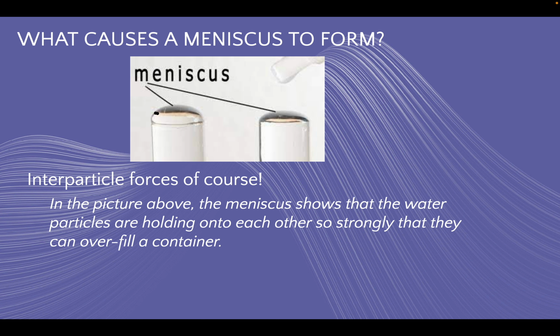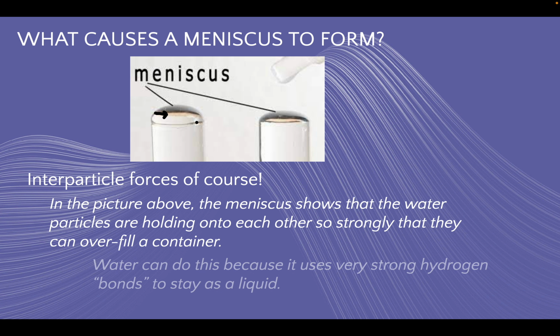The answer is because that water particle is being pulled inward by all the other water particles around it. Water can do this because it uses really strong hydrogen bonding to stay a liquid. If this pull right here was not very strong, then this surface would break and all the water would just pour down the sides of the tube.